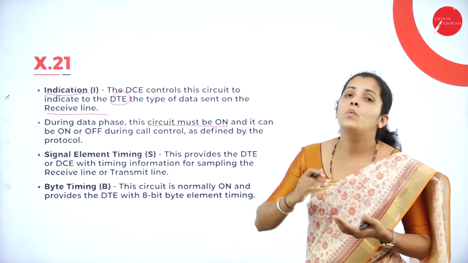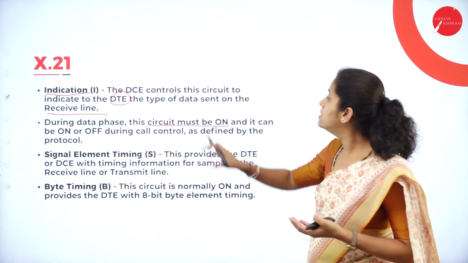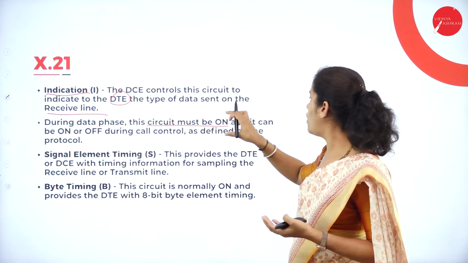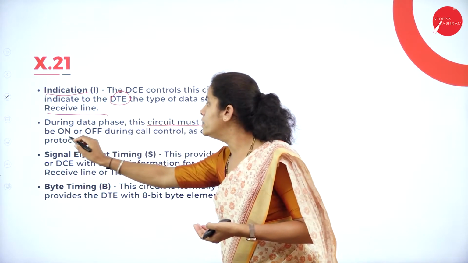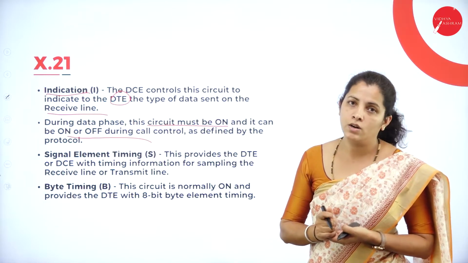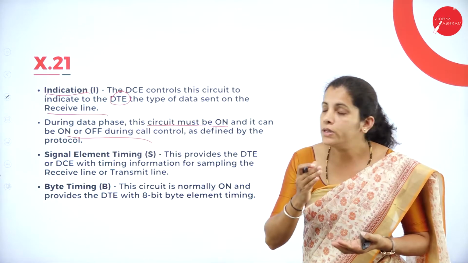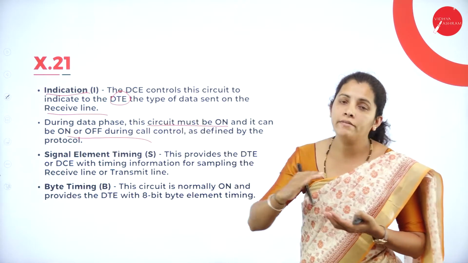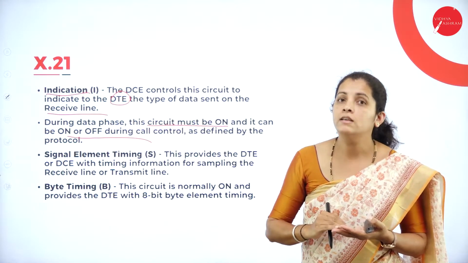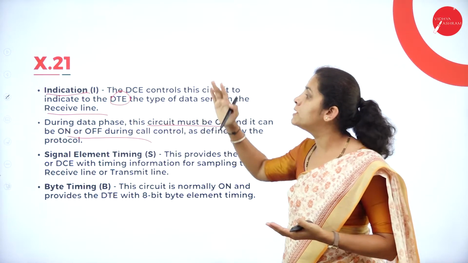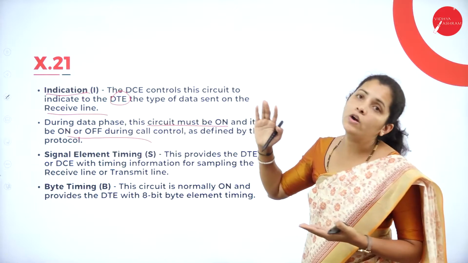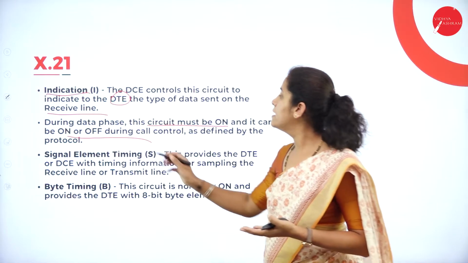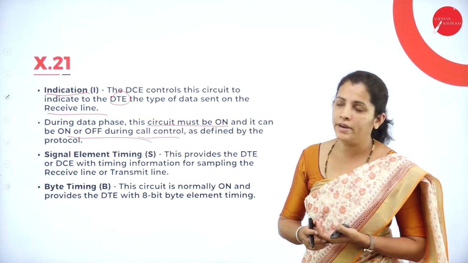That means while transferring the data the circuit must be on, and it can be off or on during the call control phase. So dear student, just remember that whatever data you are going to send, at that time the circuit must be on, and the circuit may be on or off during the call control phase.